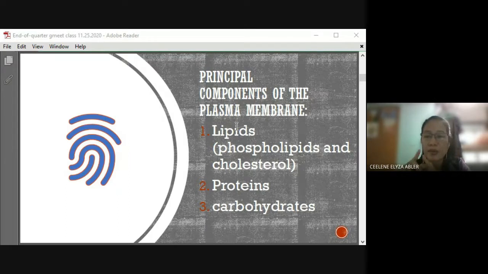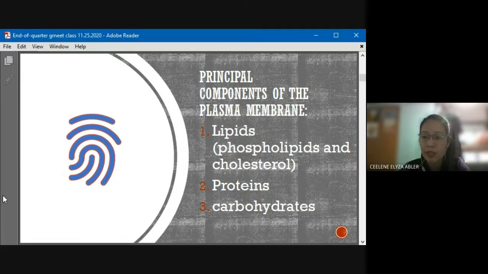So another thing na part natin is meron tayo yung proteins. Okay? And we have the third one, we have carbohydrates. So yun siya ang nasa inyong plasma membrane. Out of the 4 biomolecules, you have actually 3 in your plasma membrane.